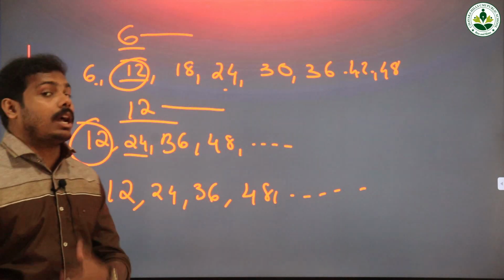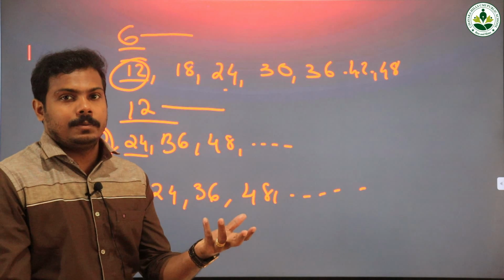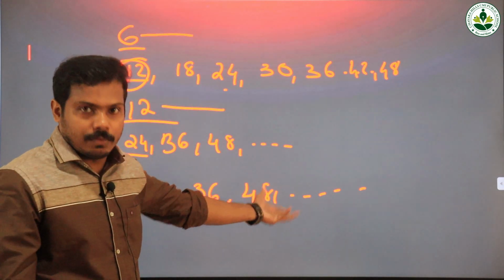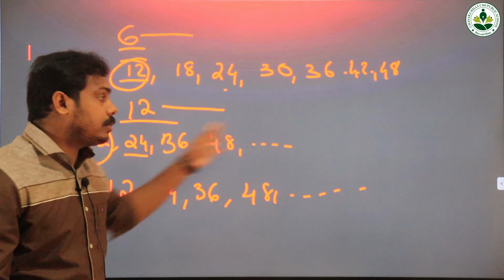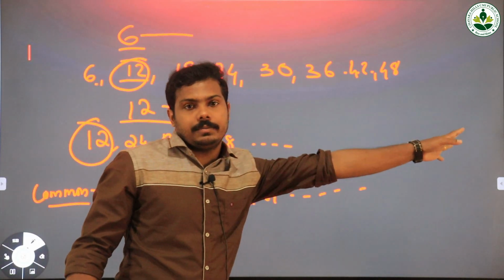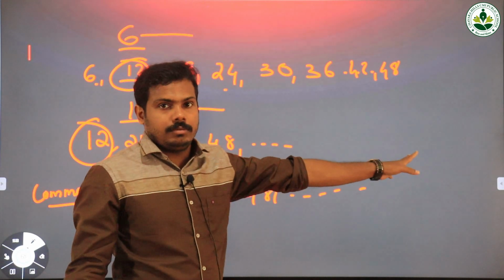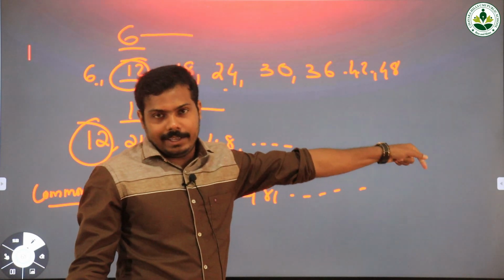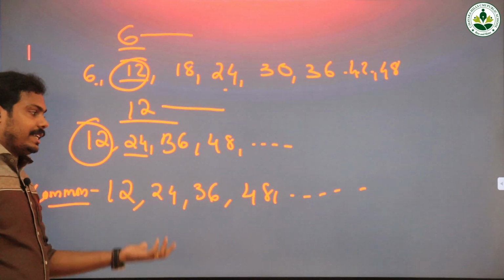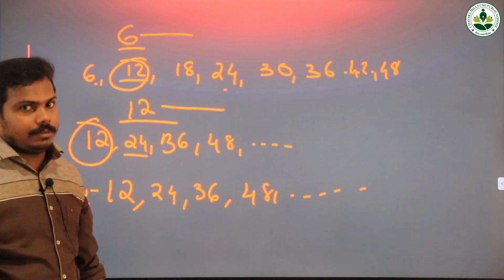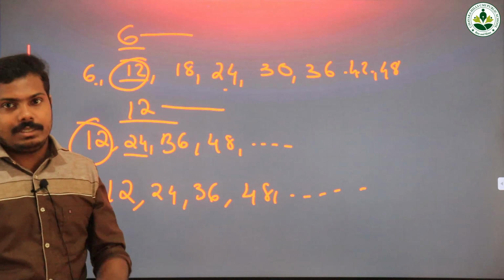Out of these, which is the highest multiple? Is 48 the highest multiple? No. We can't find the highest multiple because it goes on infinitely. There is no end. So from these we take the lowest one, the least.